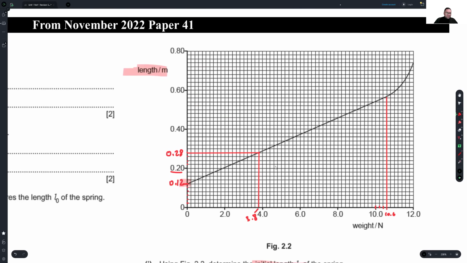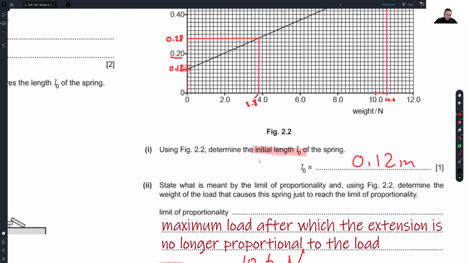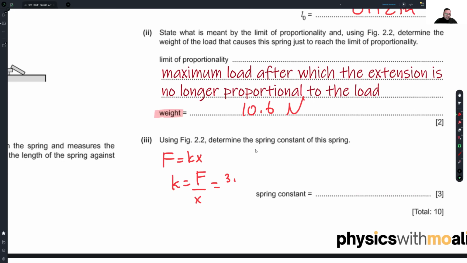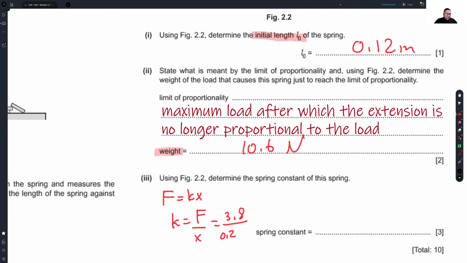And this is a mistake some people will make. They'll go, oh, mister, that's easy. K equals F over x. The force was 3.8, over 0.28. Is that right? What do you think? Bravo.